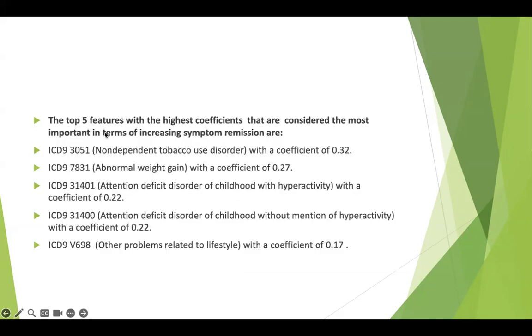The top 5 features with the highest coefficients, considered the most important in terms of increasing symptom remission, are non-dependent tobacco use disorder, abnormal weight gain, attention deficit disorder of childhood with hyperactivity, attention deficit disorder of childhood without mention of hyperactivity, and other problems related to lifestyle.